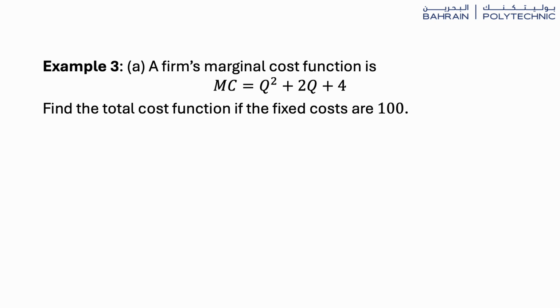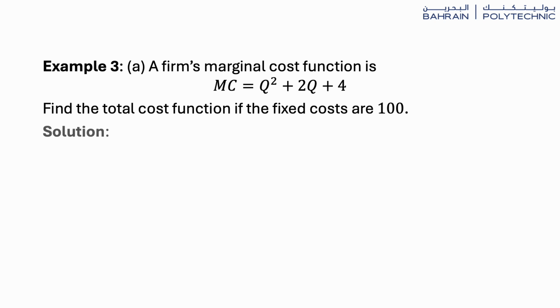Here they are giving us the marginal cost function given by q squared plus 2q plus 4. Once we have the marginal cost, we can integrate this function to get the total cost. So just by integration, we can get back to the cost.